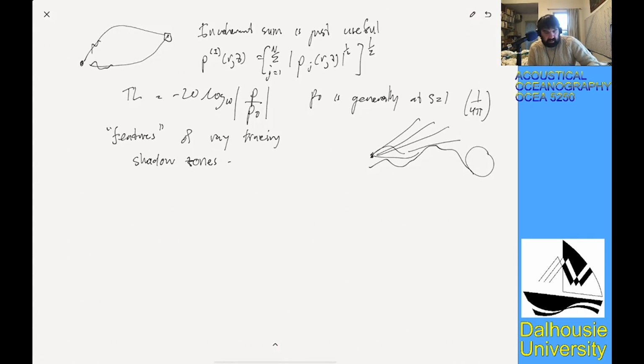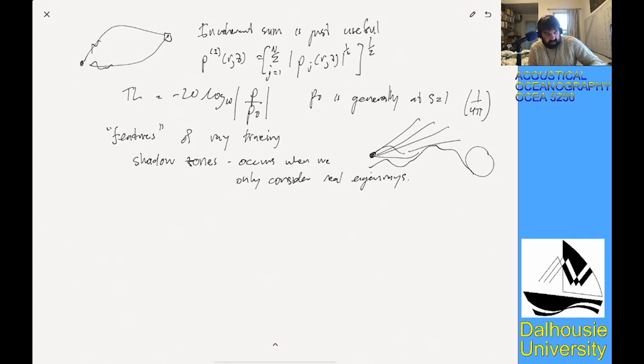And this occurs when we only consider rays. Of course we know with a full treatment of the wave equation we would get bending of the wavefronts around objects, right? So not a total shadow zone. It wouldn't be a zero field there. There'd be some field. Okay.